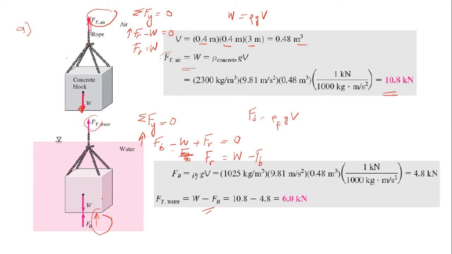The whole object is fully submerged, so the volume is the total volume of the object, 0.48. That gives you the buoyant force, 4.8 kilonewton. Using the equation again, FR equals W minus FB, 10.8 minus 4.8, which gives you 6 kilonewton.